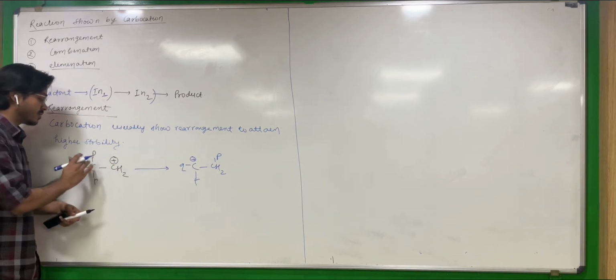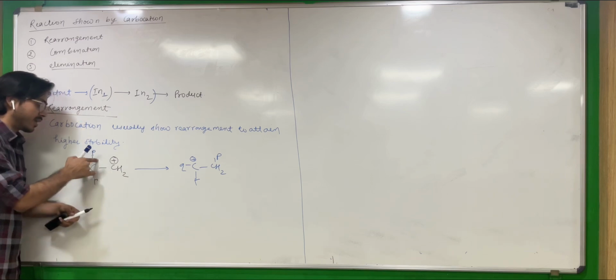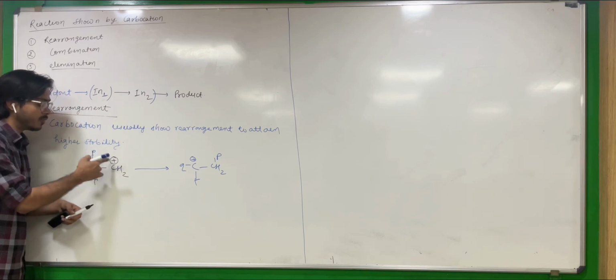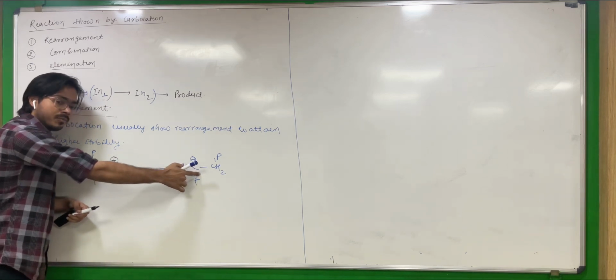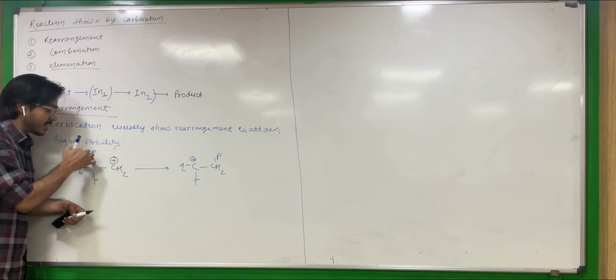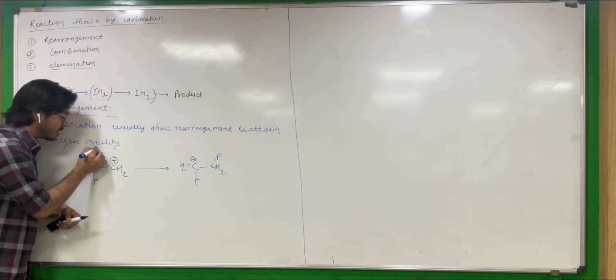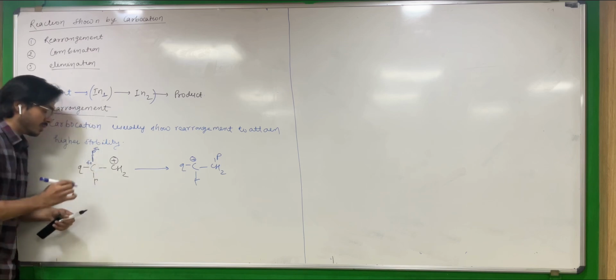Now how does this rearrangement take place? Suppose in this case P is migrating onto this carbon. How will P migrate? If a more stable carbocation is forming, P will start taking its electron. Delta negative charge will appear on P and delta positive charge will appear on this carbon.